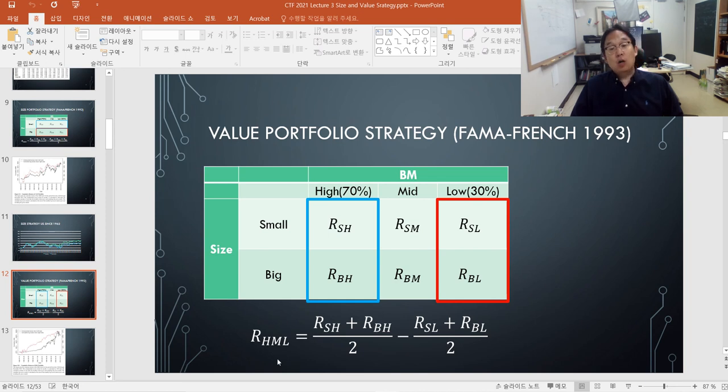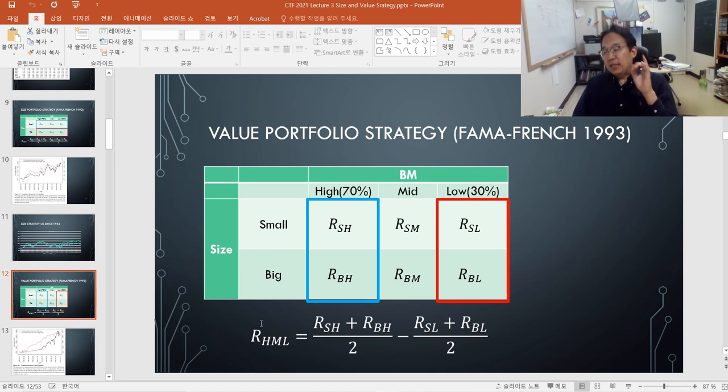That's going to be your value factor portfolio return, the HML portfolio return. We're going to compute these things period by period, annually, and then accumulate everything and see how they perform. Of course, rebalancing will be done every year, but the return will be monthly based. So you're going to see a much bumpier graph like that.